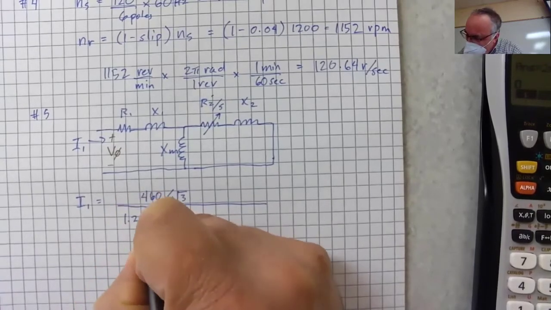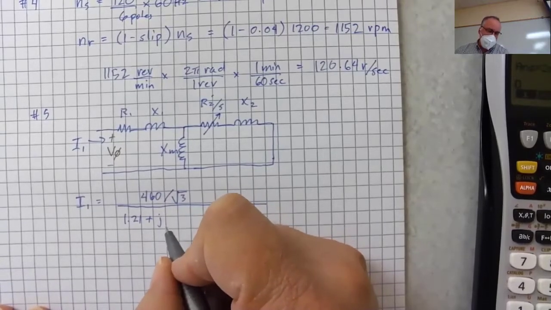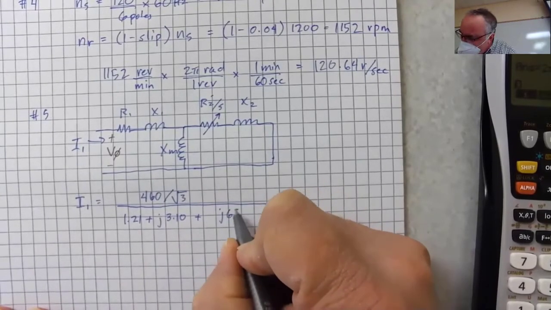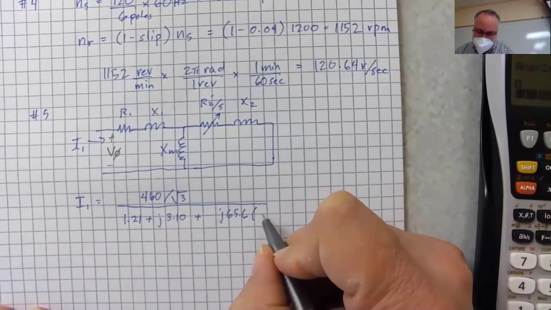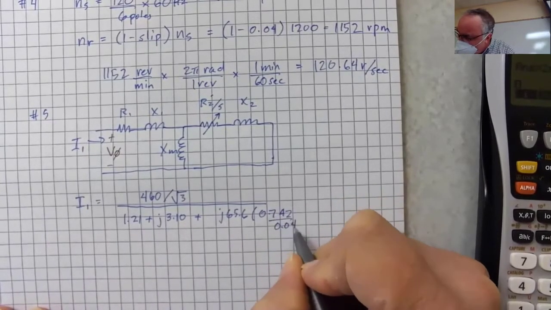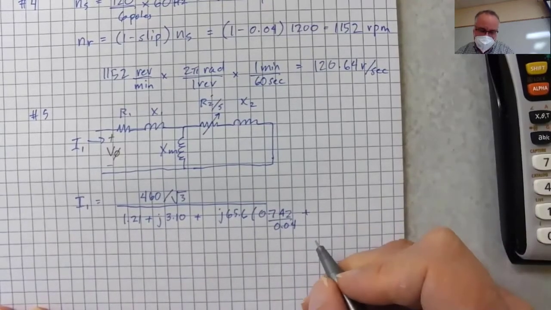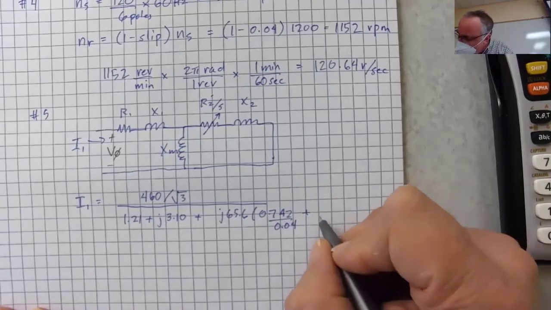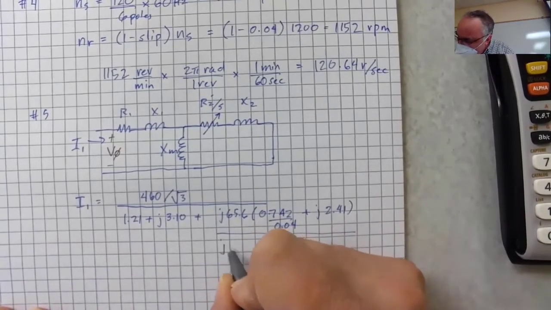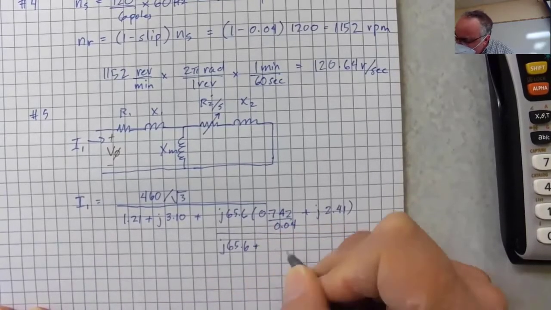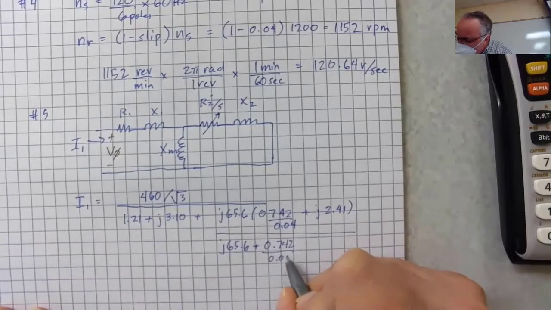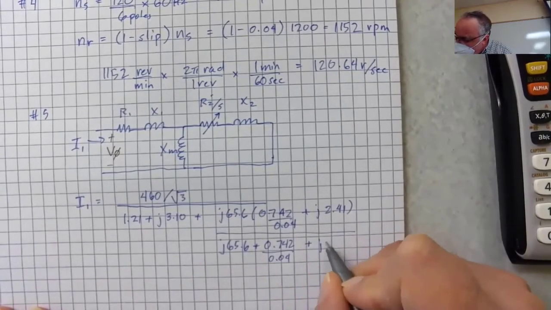Plus j3.10 plus j65.6 times 0.742 over 0.04 plus j2.41, over j65.6 plus 742 divided by 0.04 plus j2.41.